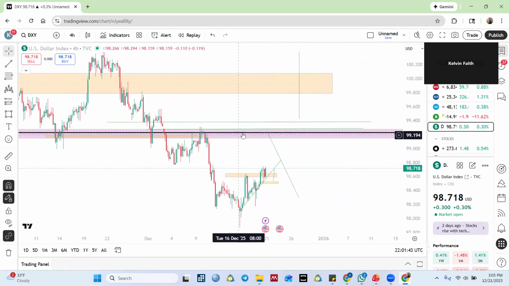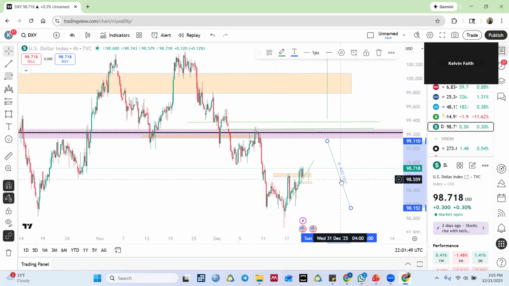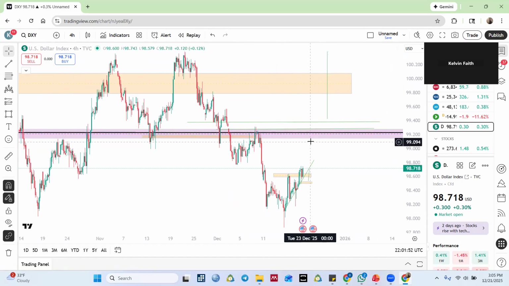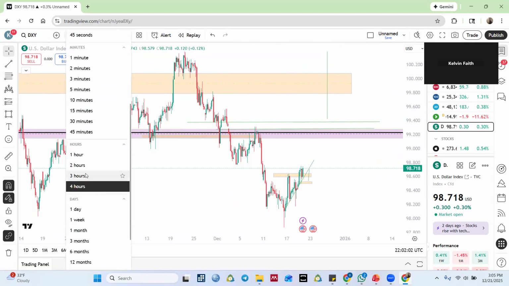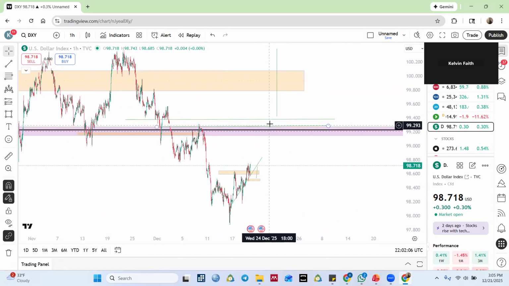We still see them. So it looks like the shaded zone that we are expecting price to get to. That's exactly the same area that the weekly time frame imbalances. It looks like it's the same area, which is good. Let's go to 1 hour. Okay, it's still the same area.